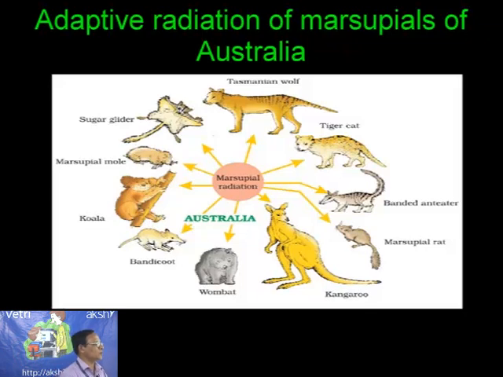You have the Tasmanian wolf, the tiger cat, the banded anteater, the marsupial rat, the kangaroo, the wombat, the bandicoot, the koala, which is the Australian teddy bear, then the marsupial mole and the sugar glider. These are all different types of marsupials, but they have originated from one common ancestor. They have diversified to adapt themselves to different habitats and ways of life. So this is an example of adaptive radiation.